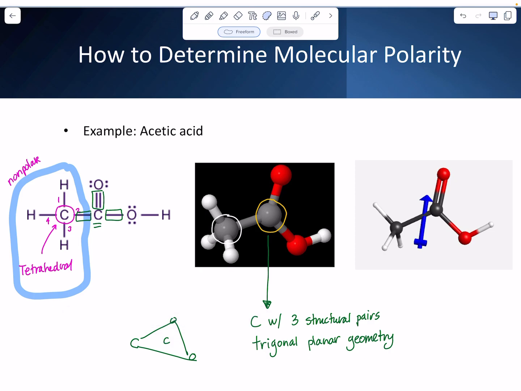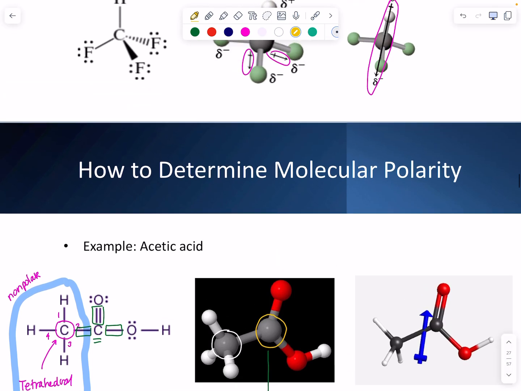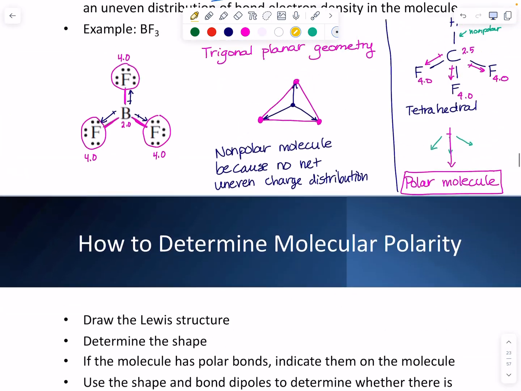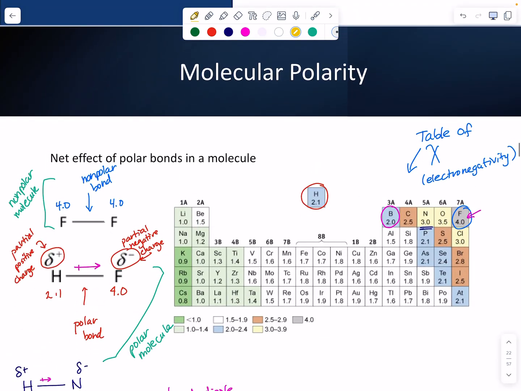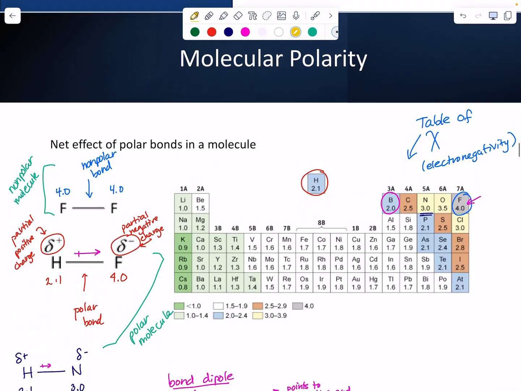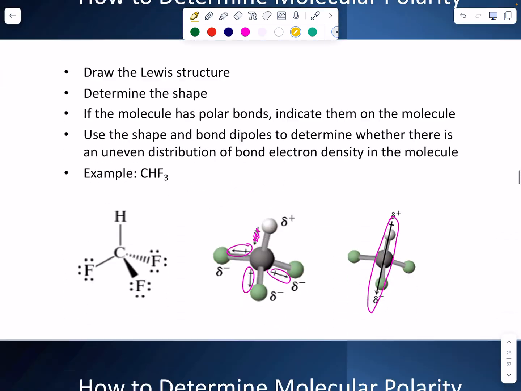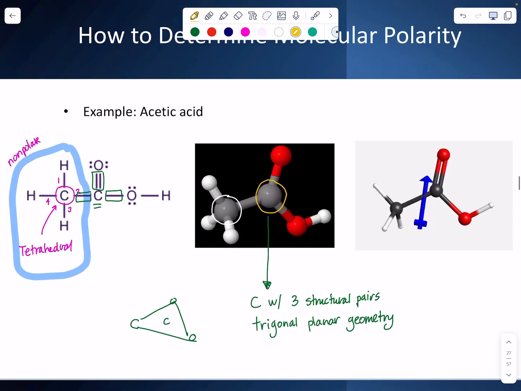All right, so let's see, do we have any bond dipoles? Carbon and oxygen: carbon's 2.5, oxygen's 3.5. That's a big enough difference to be significant, right? So in this case, we've got a couple of bond dipoles.